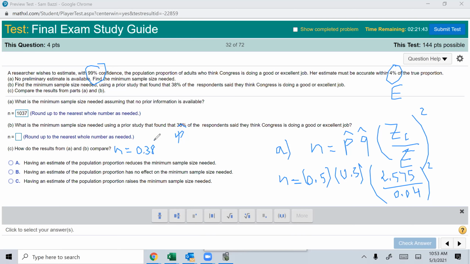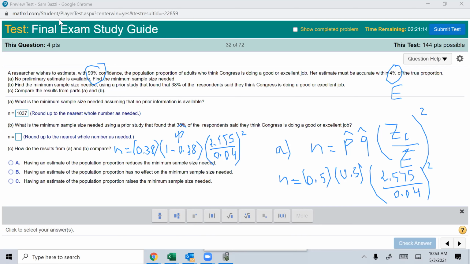If P hat is 0.38, it should be easy to figure out Q hat. It's 1 minus 0.38. And then 2.575 divided by 0.04, squared.